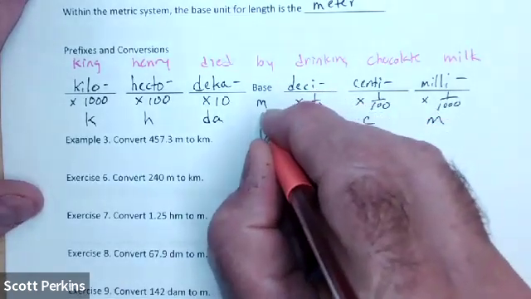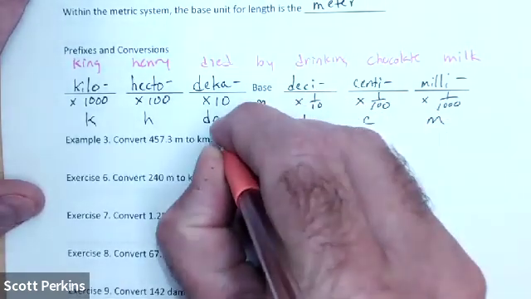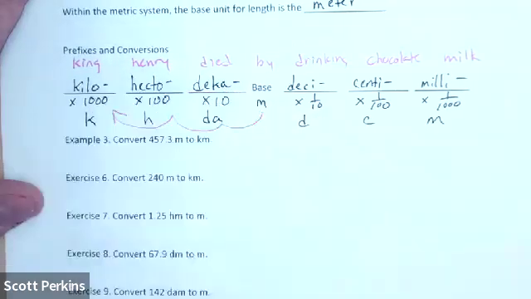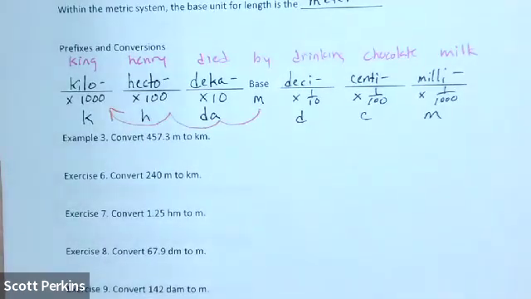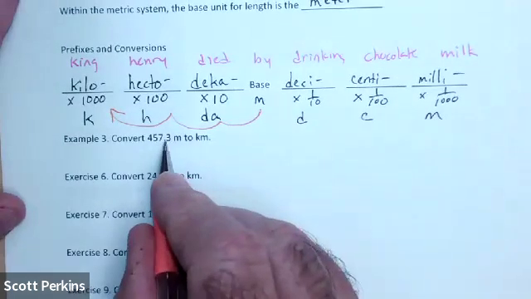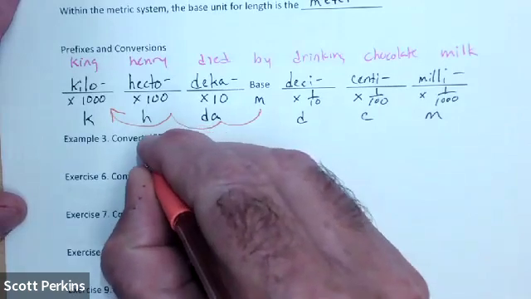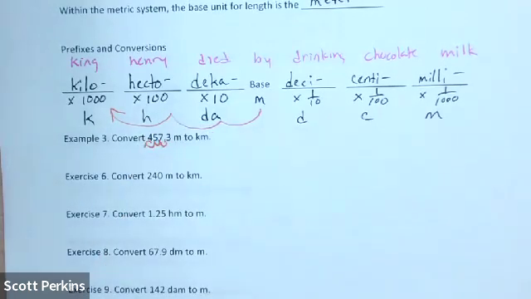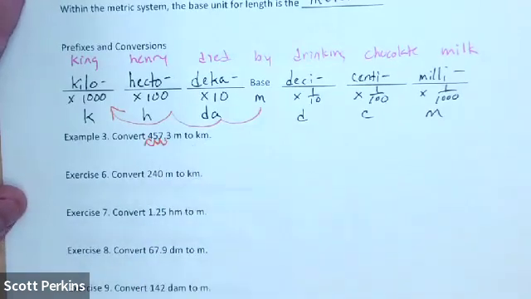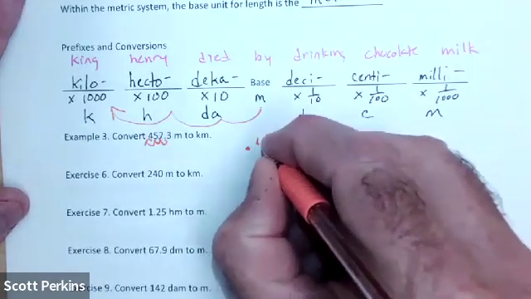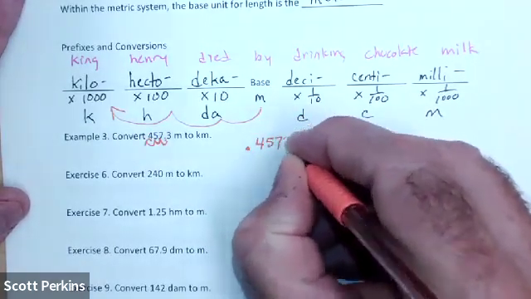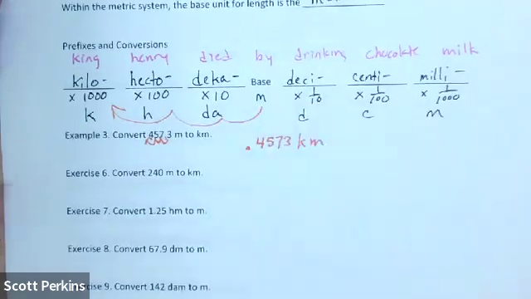I'm going to start at meters, and I'm going to go 1, 2, 3 hops to the left to get to kilo. So I'm going to take the decimal right here, and move the decimal 1, 2, 3 hops to the left, the same that you just did with your prefixes. And so how many kilometers is 457.3 meters? It is 0.4573 kilometers. That's the result.